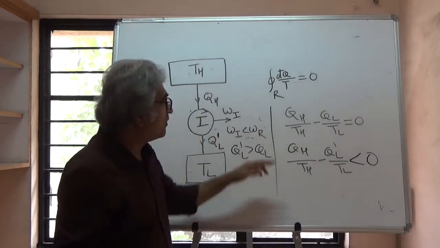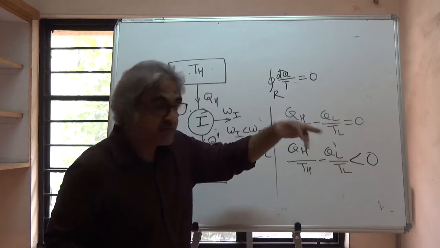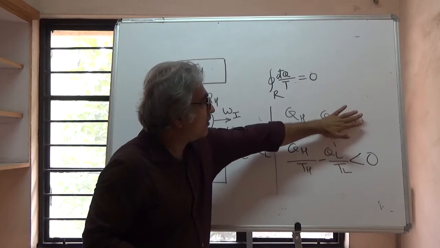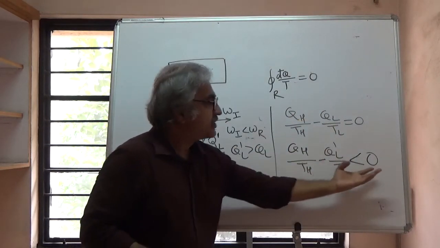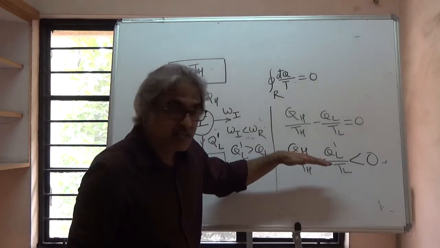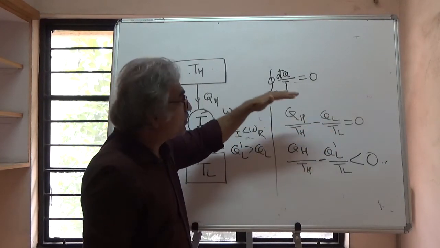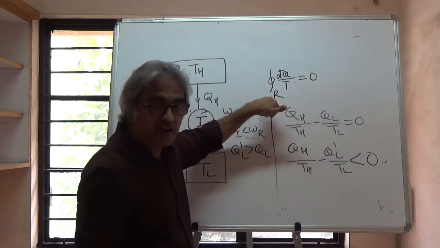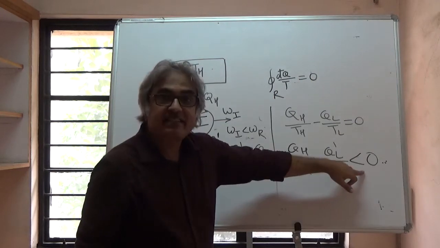If this is equal to 0, then substituting QL by QL dash, which is greater than QL, means you are subtracting more, so this will be less than 0. So this expression is for the irreversible cycle, this is for the reversible cycle. That means cyclic integral of dq by t is equal to 0 for a reversible cycle, but for an irreversible cycle it is less than 0.